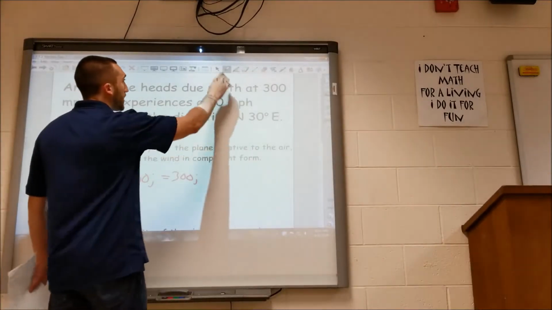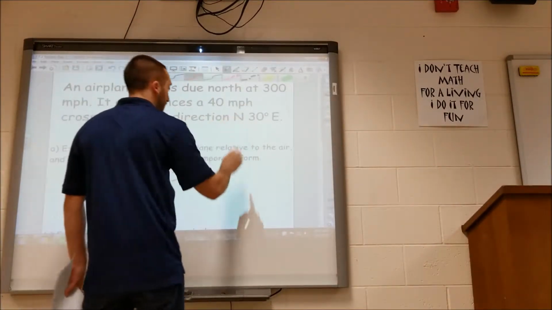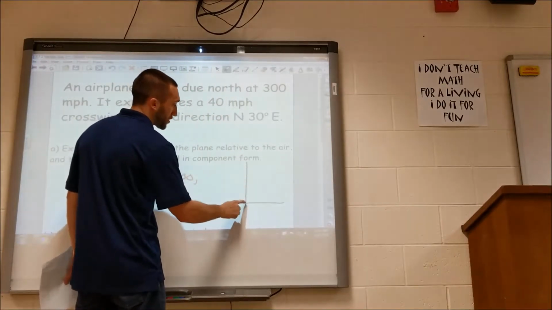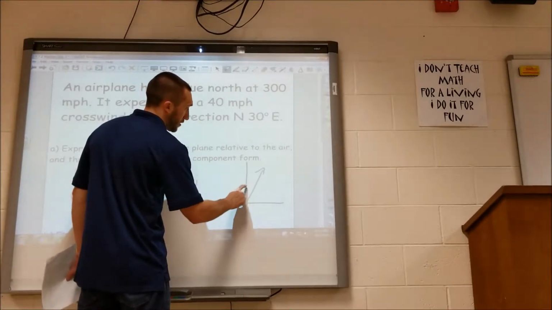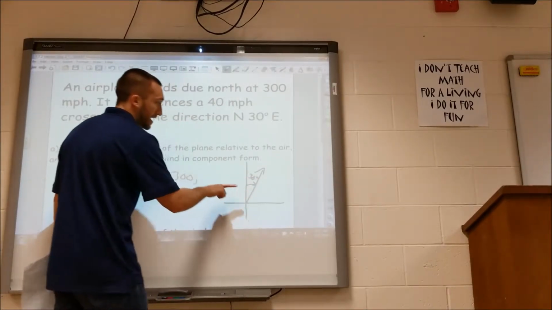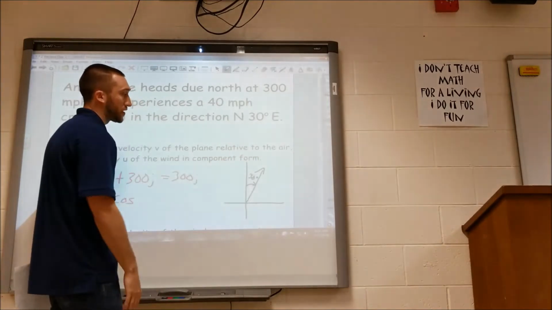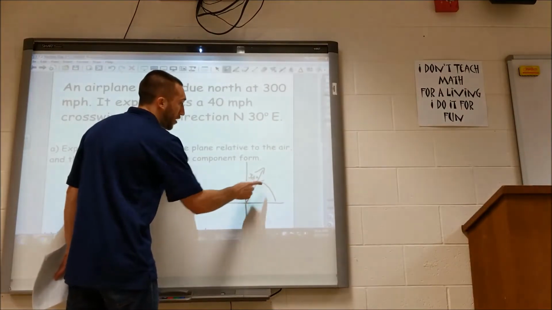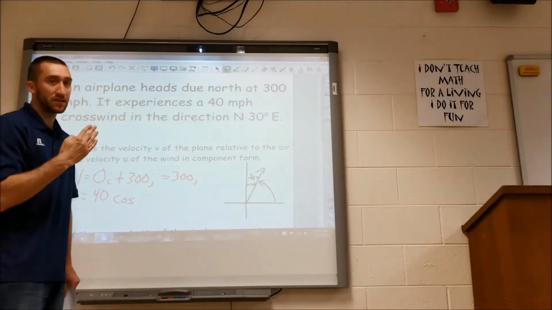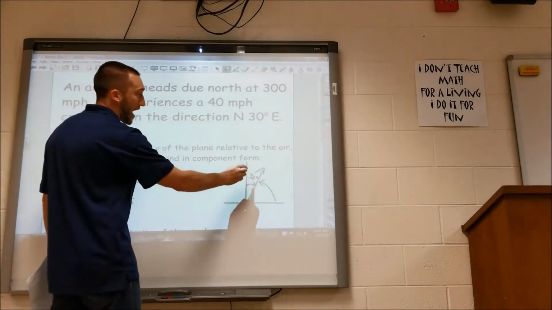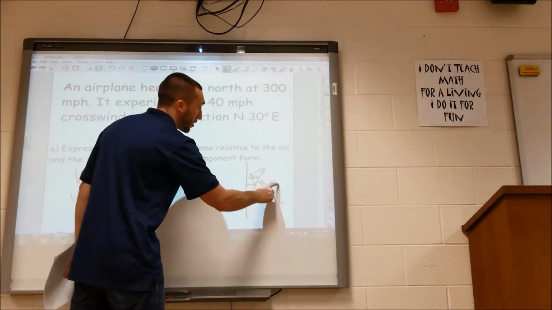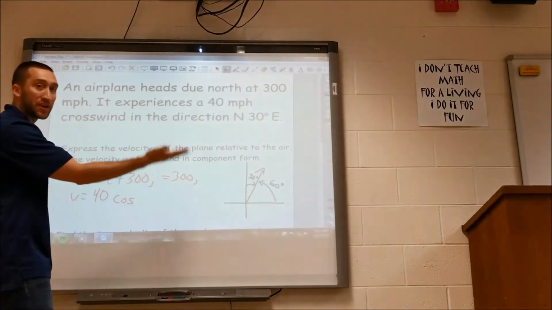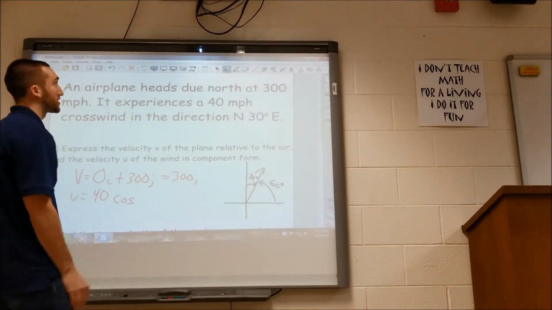If I were to draw this angle, it's in the first quadrant, 30 degrees east of north. Our trig functions want to know how far it is away from the x-axis, so I don't plug 30 in here. I actually plug 60 in for my theta, because theta is measured by how far away from the x-axis. So you really got to understand that.